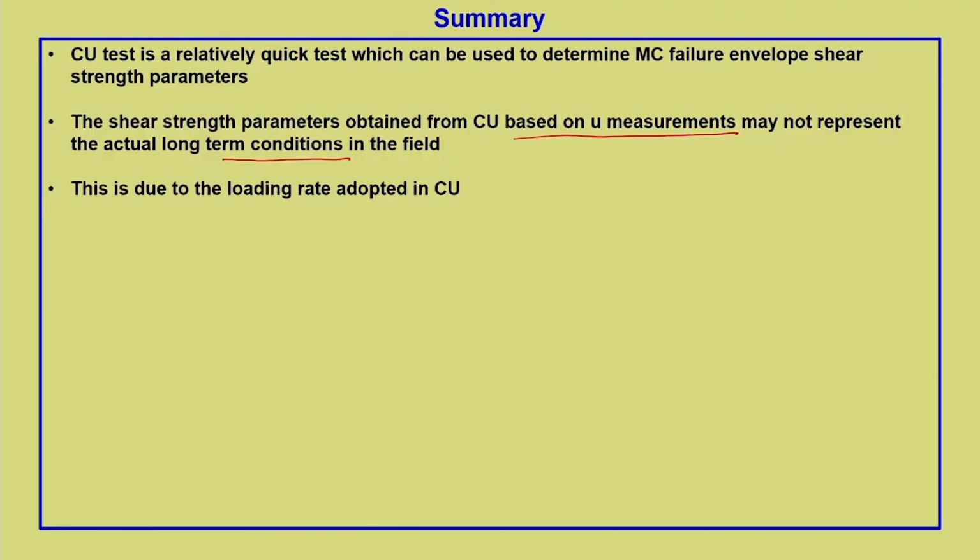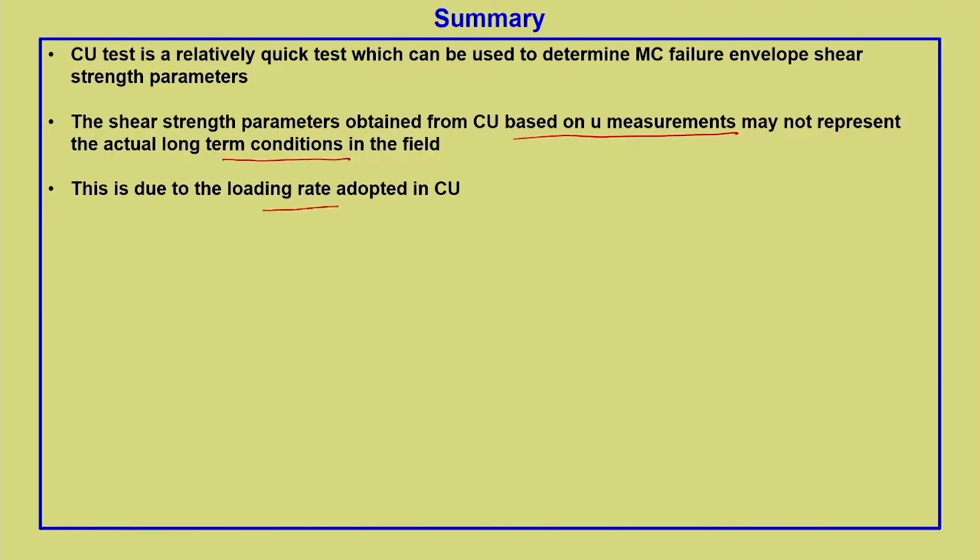Now, for engineering purposes, we need a design value based on which we can design various structures, the foundation, or various other applications. So, we need to understand that these are representative values and not really true values, because of these hidden factors involved.